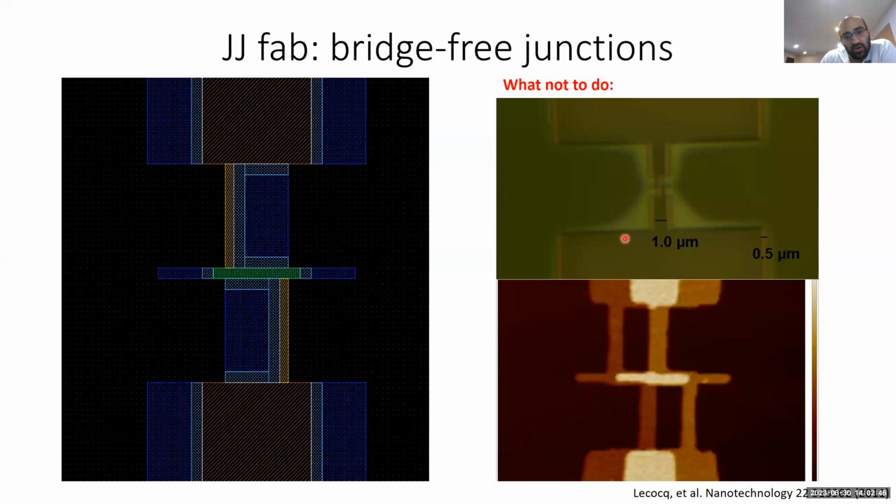And so as a result, you end up having this natural undercut, which means that the value of delta min here is actually very large. And after deposition, you end up with a pattern that looks like this. You have these additional traces here and here that you would normally want to have been deposited on the sidewall, but are now deposited on the substrate. And so as a result, your junction ends up being shorted.